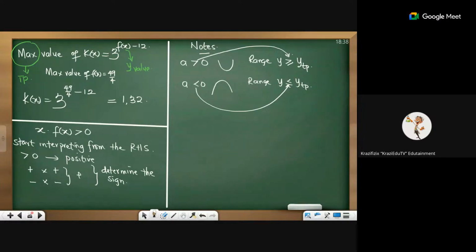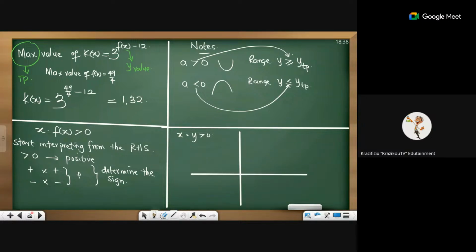Now you go back to your graph, and don't forget, this is basically saying x multiplied by the y value, because your f of x is y. I'm going to sketch the graph here so we can play around with it. The graph, if I remember, looks like this.